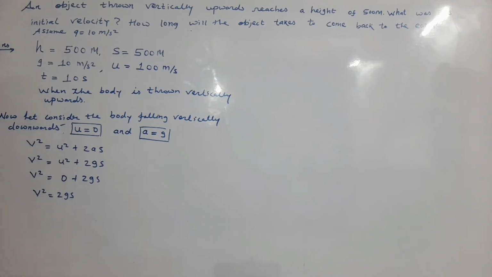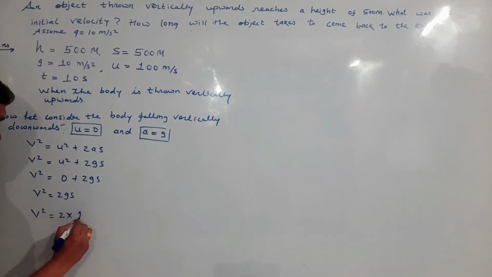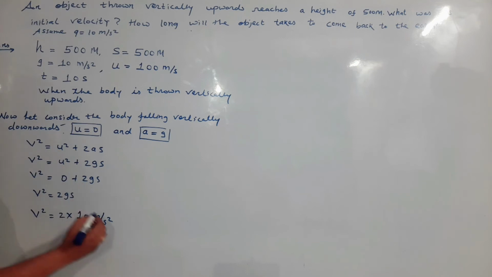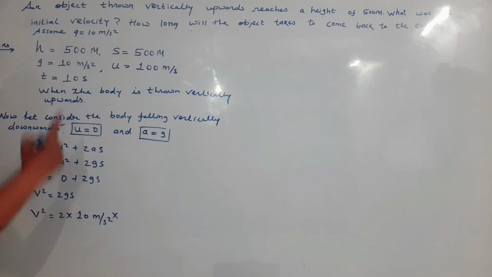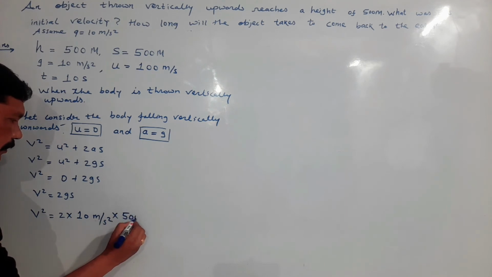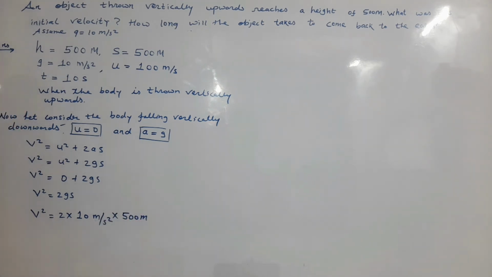My dear student, from this we can easily find the value of v square. So v square is equal to 2 into g, which is 10 meter per second square, into s, which is 500 meter.